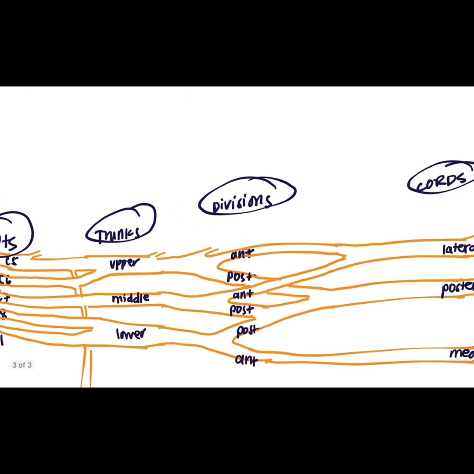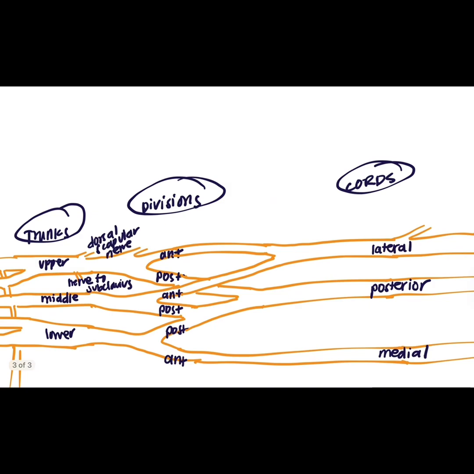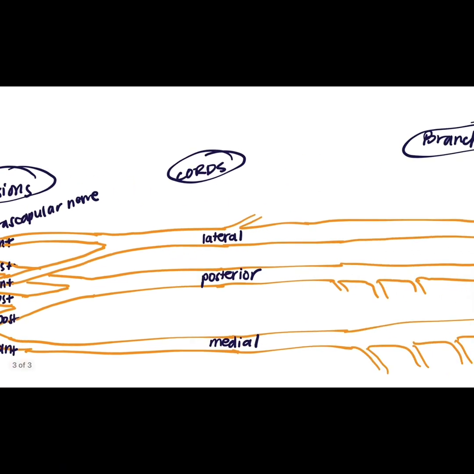And then from the upper trunk, there will be another branch, the dorsal scapular nerve, which will supply a muscle in the scapular area. And then there will be a small muscle supplied, which is the nerve of subclavius. So obviously it supplies the subclavius muscle. And then we have the suprascapular nerve. By the name itself, it supplies a muscle in the scapular area.